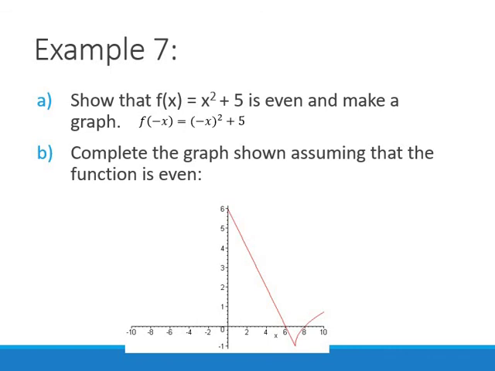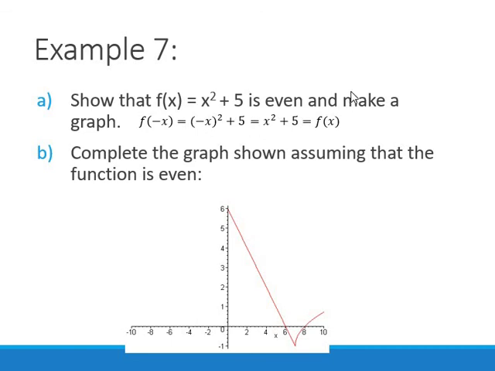You can actually think of it as 5x to the 0, since x to the 0 is 1, and 0 is even. If all your powers are even, it will be even. If they're mixed up, it'll be neither, and if they're all odd, it'll be odd, if you're talking about polynomials. But in this case, if you plug in negative x, negative x squared is x squared. It cancels the negative, and you get x squared plus 5. So f of negative x, the formula is the same as f of x. That shows that it's even.